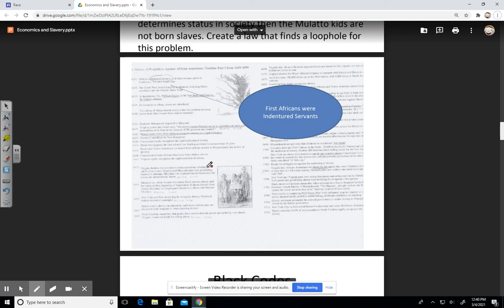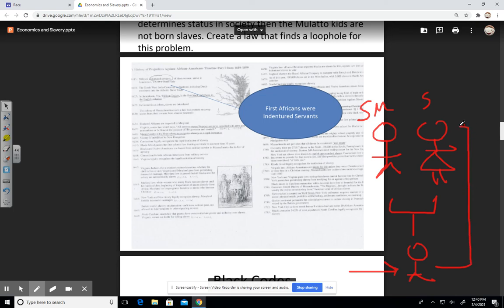And the loopholes are changed to suggest the social status being determined by the mother. So in this same situation, we have the slave master, we have the slave, they have a child. You've changed the law to say the social status of the child is determined by the mother, which would then mean the mother is a slave, the child is a slave.